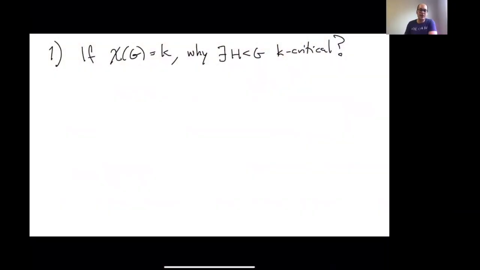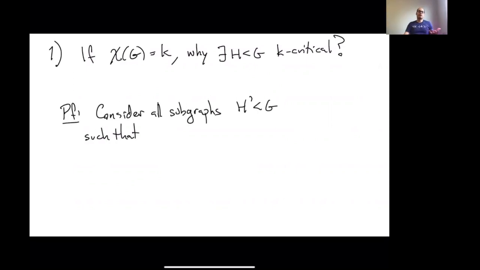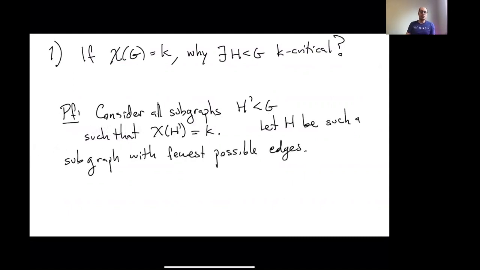All right. So the first property is if you have a graph whose chromatic number is k, why is there a subgraph which is k critical? Well, the proof is as follows. Consider all subgraphs such that the chromatic number of that subgraph is k. Of course there are going to be some subgraphs like that, namely the whole graph itself, but maybe there are some smaller ones.